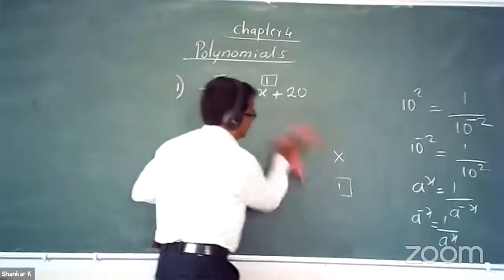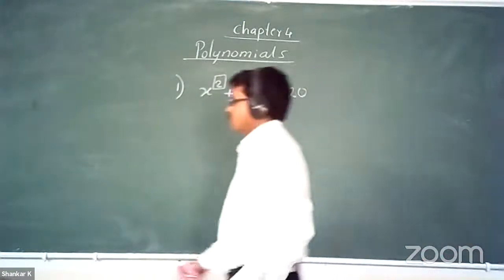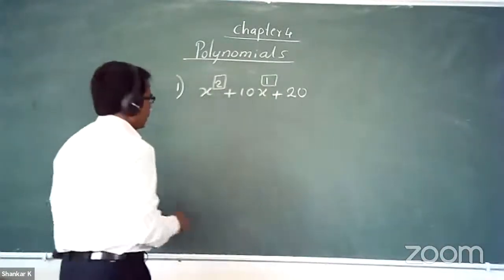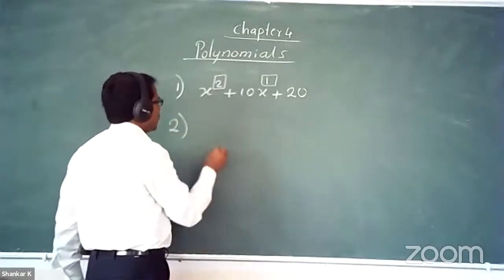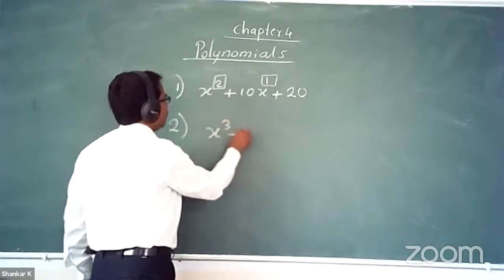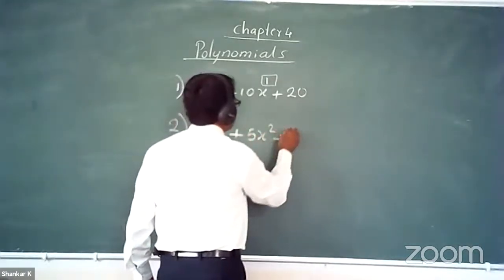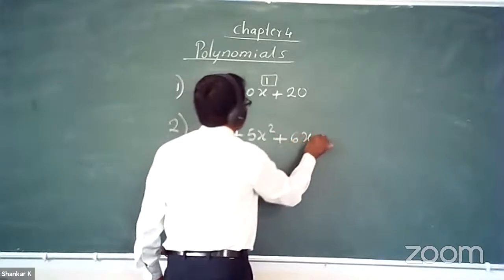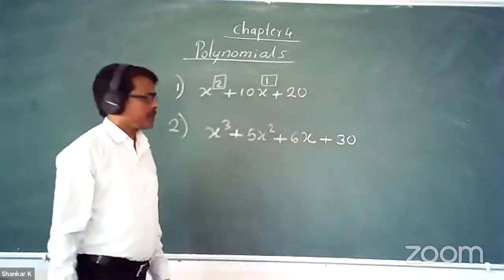Then next. For example, second example, say x cube plus 5x squared plus 6x plus 30. This is also an algebraic expression.